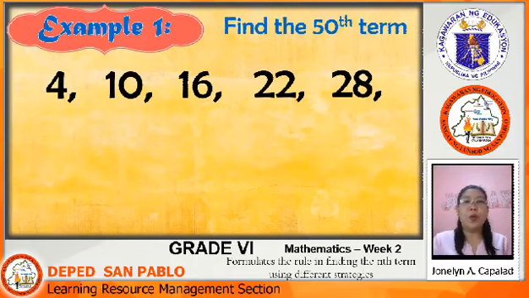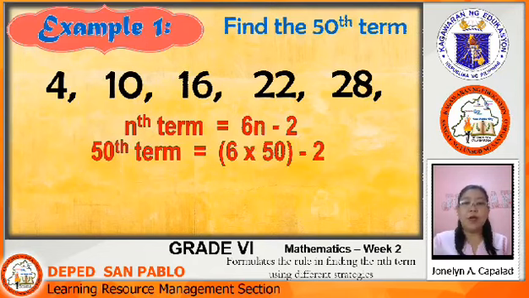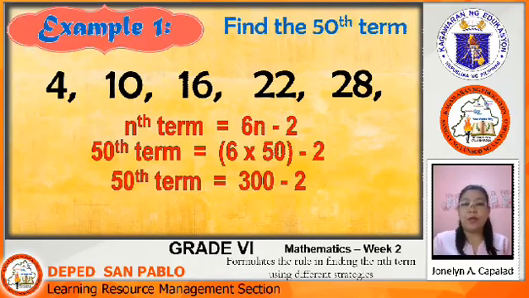Since we already know that the nth term is equal to 6n minus 2, we just need to substitute n to 50 in order to find the 50th term of the sequence. 50th term is equal to 6 times 50 minus 2. 6 times 50 is equal to 300 minus 2, and that is 298.